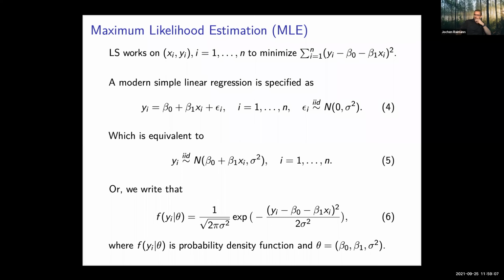The maximum likelihood estimation works on xi, yi, where i equals 1 to n, and allows the minimization of the sum from i equals 1 to n. Basically, again, the least square equation. And again, this is what we want to minimize in least square.